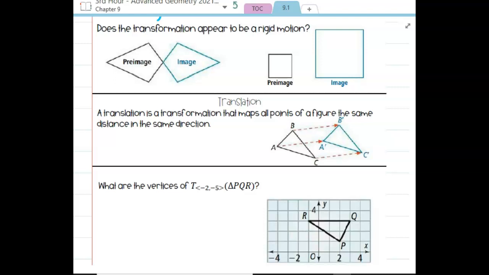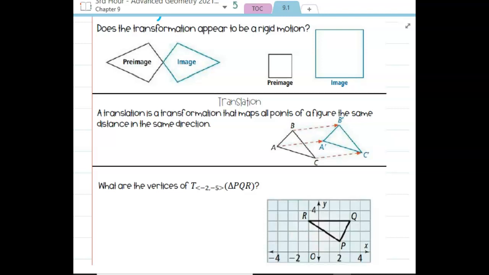If you look at this first one here, the black is the pre-image, that's what I started with, and the blue is going to be the image. We have a bunch of different types of transformations, but today we're just talking about translations. For rigid motion, it doesn't have to be a specific type of transformation. It just means that if you could flip, rotate, move, twist, turn, other than make it bigger or smaller, would it lay right on top of each other?